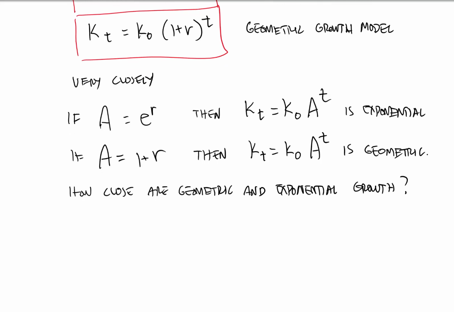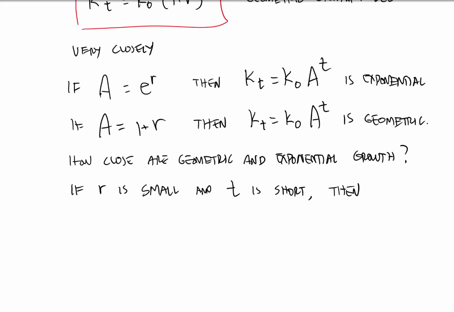And the answer is, if r is small, as it typically is for human populations, and t, the time period, is short, then geometric and exponential are very close.